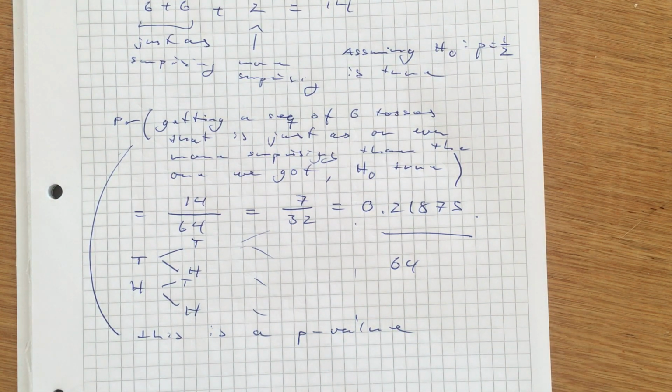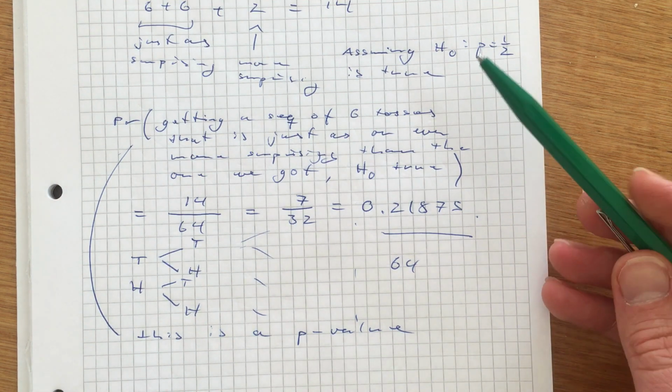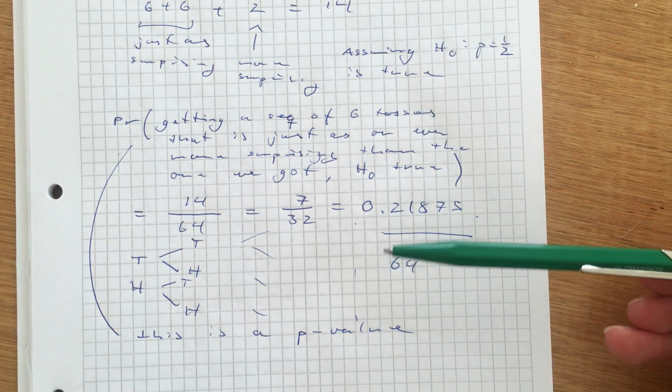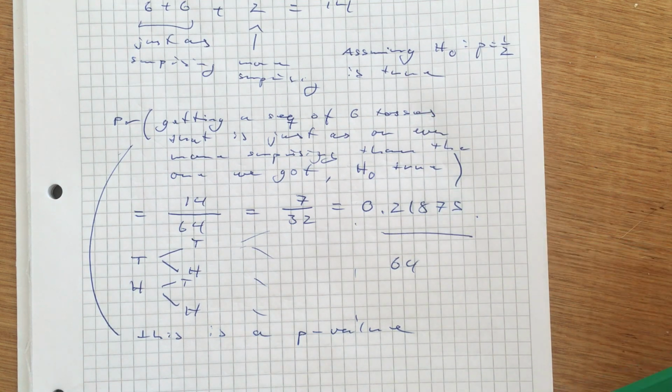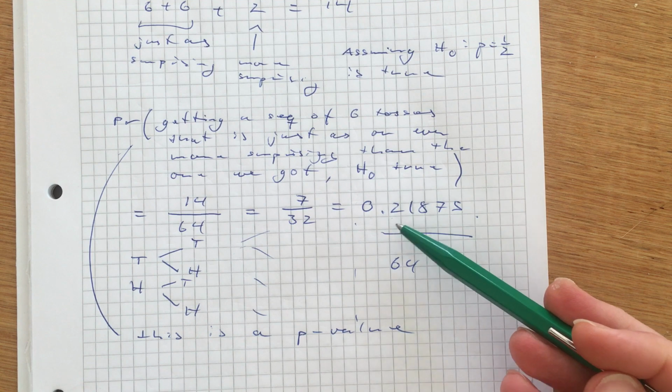Because a p-value is, what I've been saying a few times now, the probability of getting the data you got, or something more extreme or more surprising, under assumption that the null hypothesis is true. And that probability for 6 coin tosses is what we computed right here. So this is a p-value. This is the same thing that you look at when you do your linear regression models in R, your lm function. You get a table, and then the last column is a column of p-values. Then you look at values of this type.